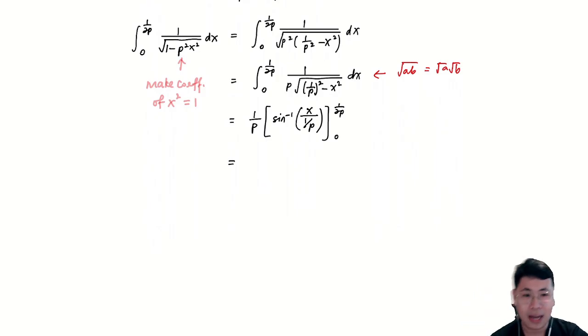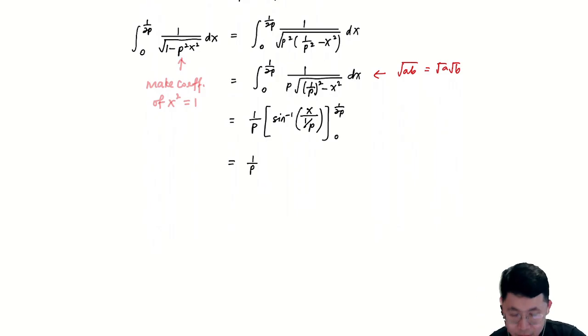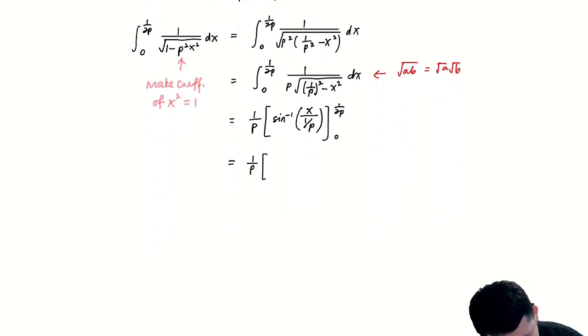So x over a, and of that thing over there. With this, now I have a 1 over p on the outside. Next thing is I will need to tidy up first. So when I tidy up, I have sine inverse of px, like this.